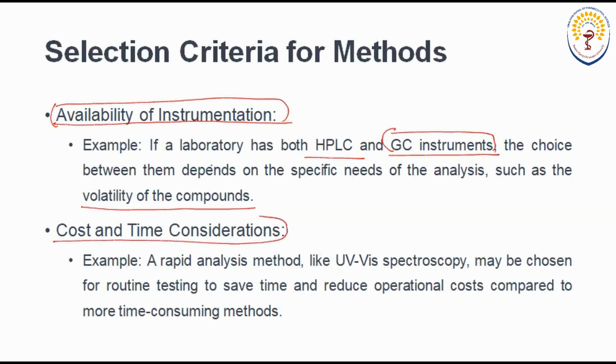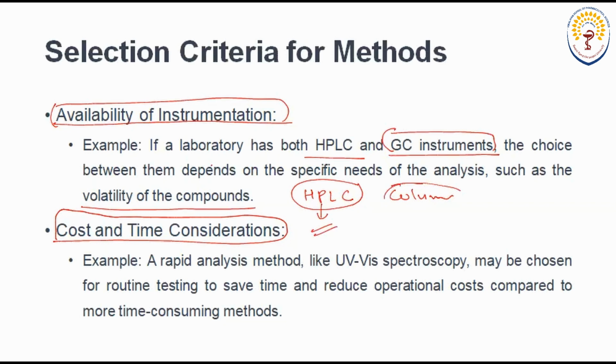Now, cost and time consideration. Say you want to separate some components and you have HPLC as an option and column chromatography as an option. If you have time constraints and want to separate them fast and get the results, you will apply HPLC.